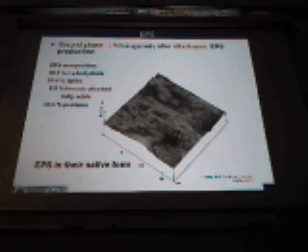The second phase after the attachment, the heterogeneity, is EPS production. The biofilm will be composed almost 99% of water, and in terms of the EPS only, the exopolymeric substances, this varies very much from biofilm to biofilm, but generally 50% carbohydrates, 40% lipids, and only around 0.5% proteins.